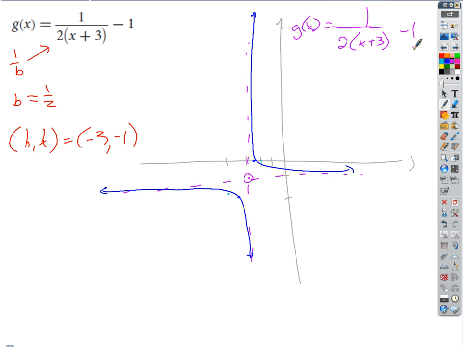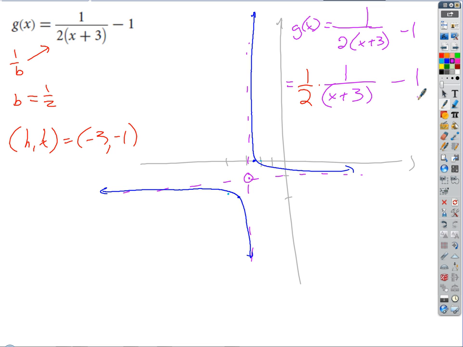Because when I multiply fractions, I'm just multiplying straight across. So do you see that I could also write this as 1/2 times 1 over x plus 3, minus 1? Because now if I multiply fractions straight across, I get 1 on the top and 2 times the quantity x plus 3 on the bottom.